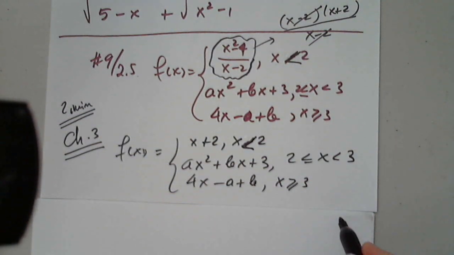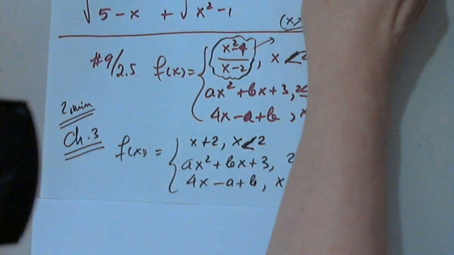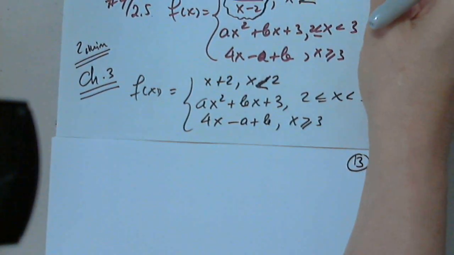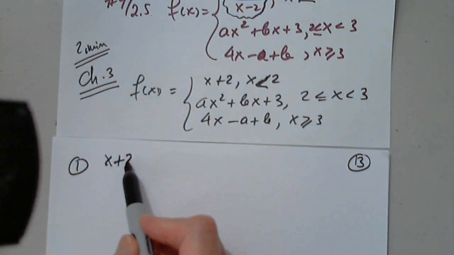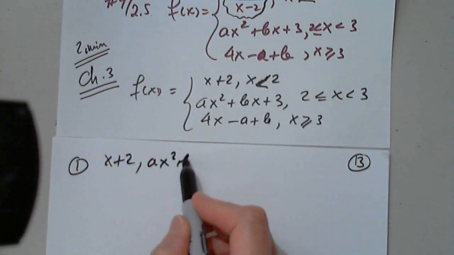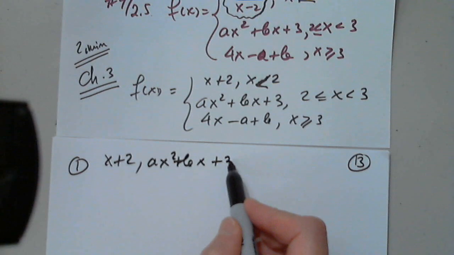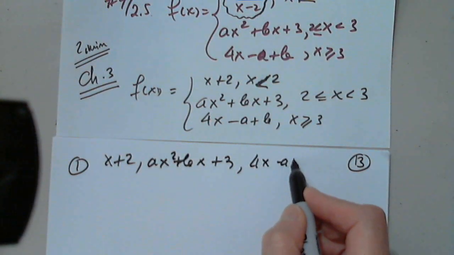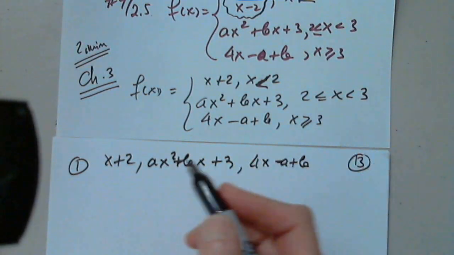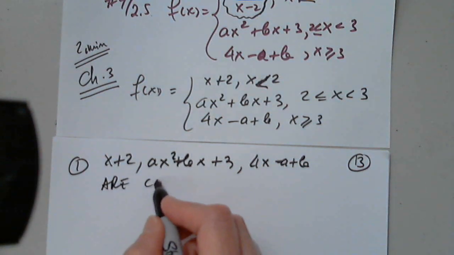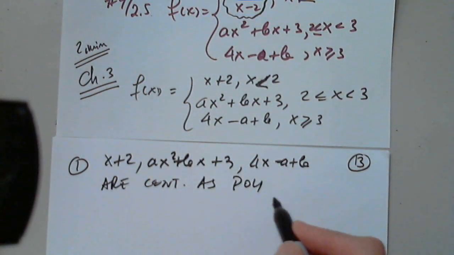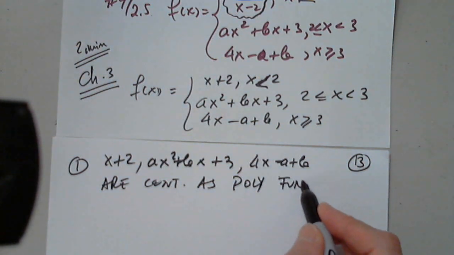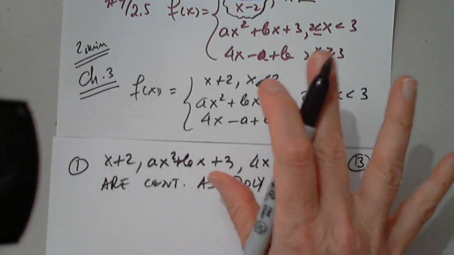Good. So then, in the next step, I have to write this sentence. Number one, I have to write that x plus 2 as well as ax squared plus bx plus 3 as well as 4x minus a plus b, because a and b are numbers, are continuous everywhere as polynomial functions. So that's done.